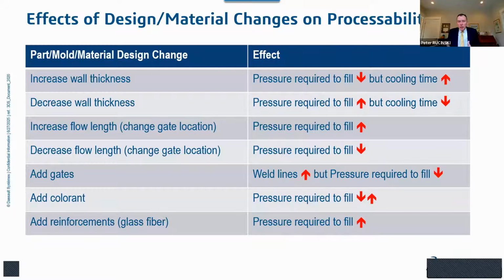So it may sound like a trade-off, but in this case, because I made my part thicker, I might get a better quality part. My part might be stronger. It might have lower molded-in stress. It might actually be less likely to warp or deform out of shape. So I pay a price of increased cycle time, but I might get a higher quality part.